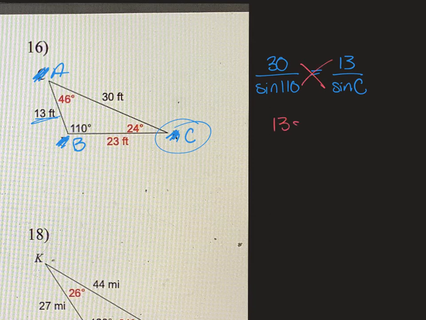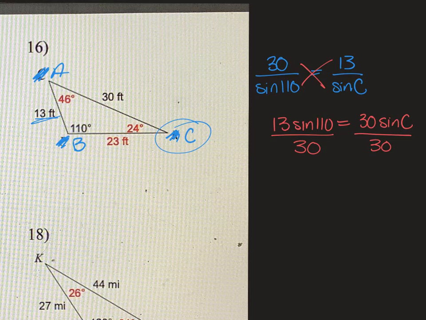So 13 times the sine of 110 equals 30 times sine C. So divide by 30. Oh, never mind. Man, I got that one backwards. Yeah, because we have to solve for the angle this time.